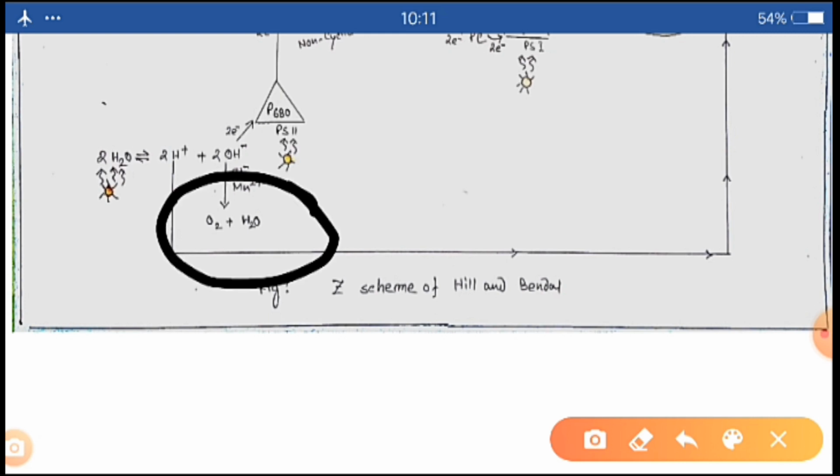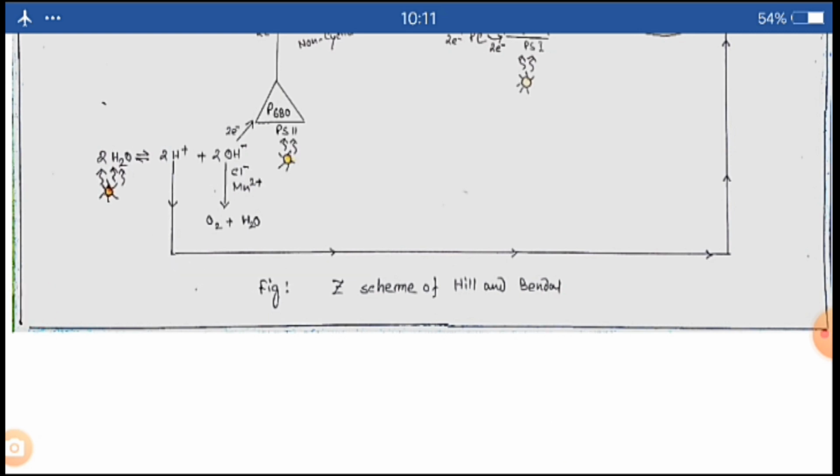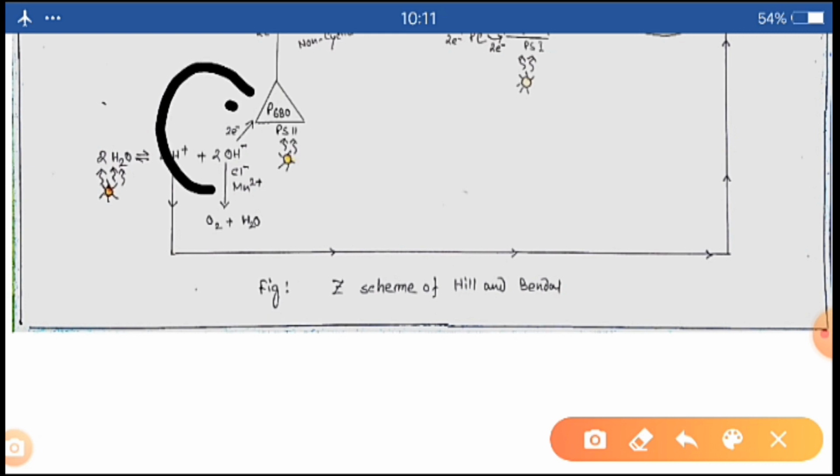Now what happened to those electrons? The electrons released from OH minus ion will be transferred to the PS2 when PS2 is in electron deficient condition. Okay.